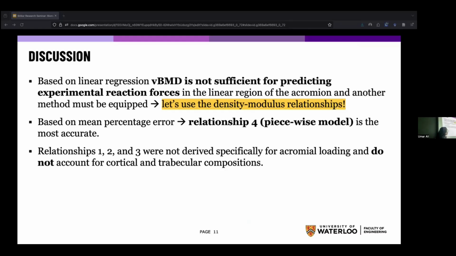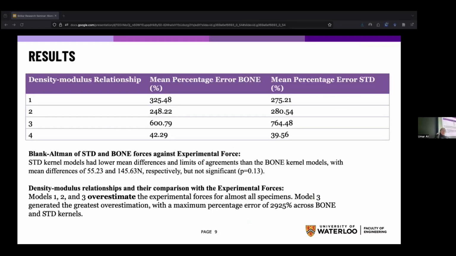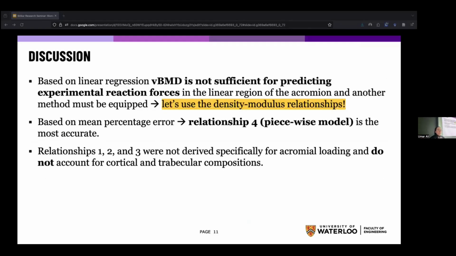And we can still see that it was not the best because we had 42% and 39%. And this can be explained because we used relationships which were scapula specific rather than acromion specific.